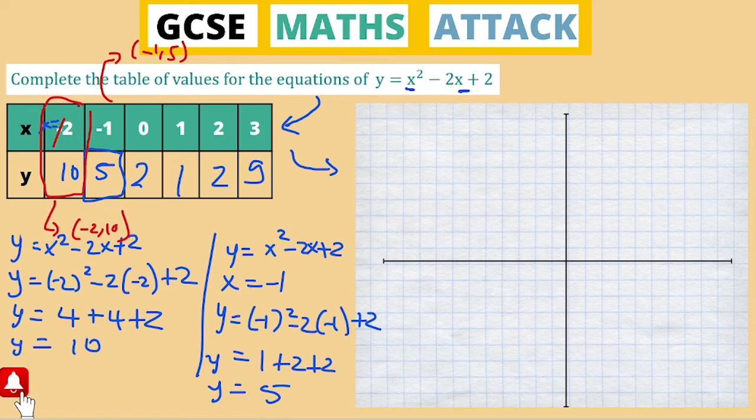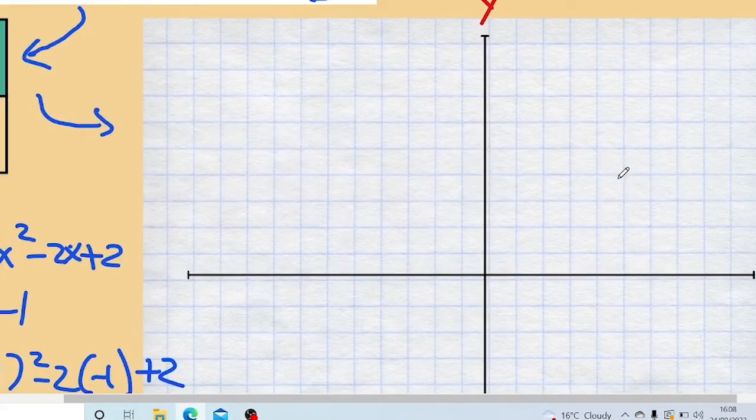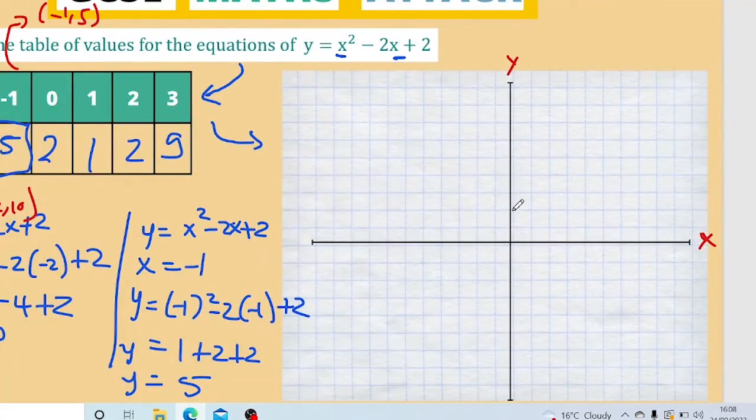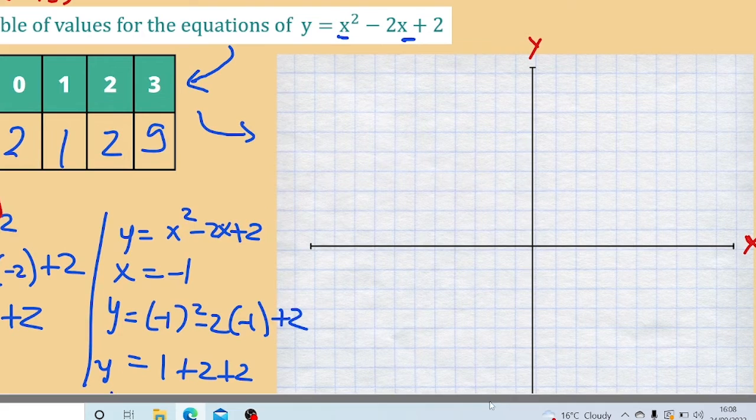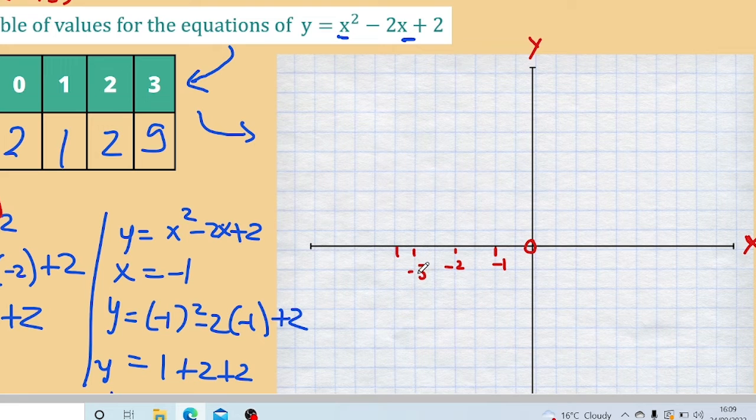Now I'm going to draw my x coordinates and I'm going to draw my y coordinates. So if I just quickly go in. As I can see, I'm going to put a 0 here, and I know that it goes from -2 to 3, so I'm going to put -1 over here, I'm going to put -2 over here, and I'm going to put -3 over here.